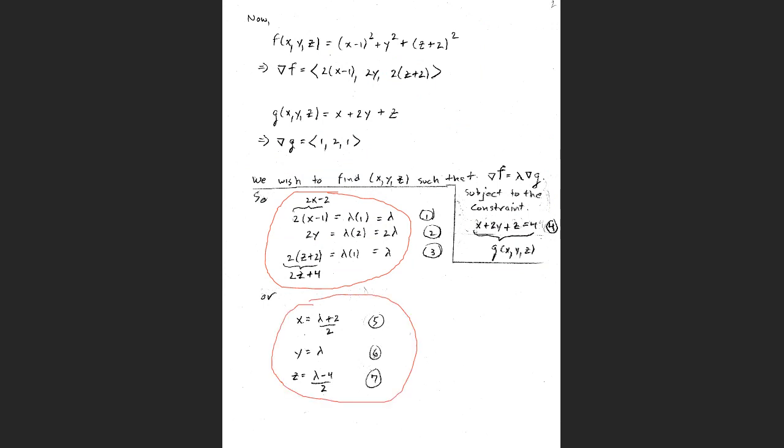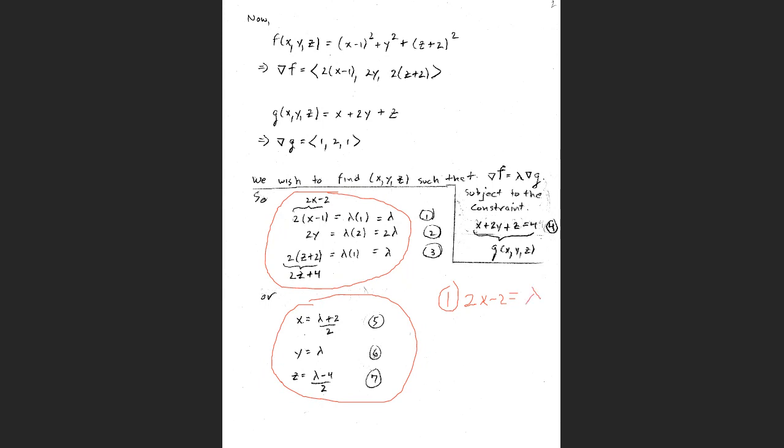So for instance, the first equation 1 is 2 times x minus 2 equals lambda, right?